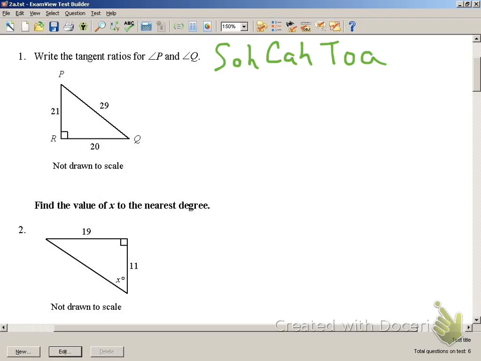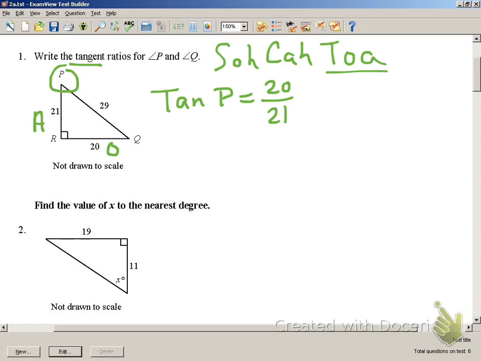Now we're talking about the tangent ratio of angle P. Tangent is opposite over adjacent. So the tangent of P would equal the opposite over the adjacent. Now in reference to angle P, this is my opposite side, this is my adjacent side.